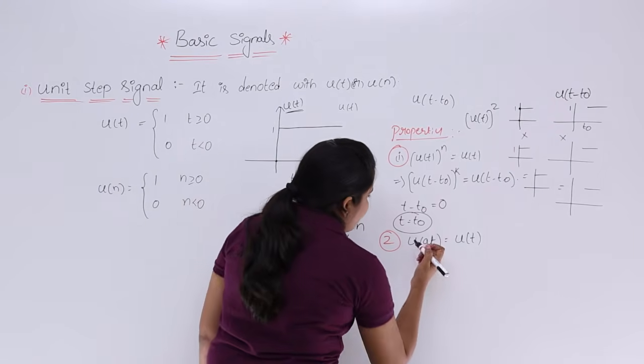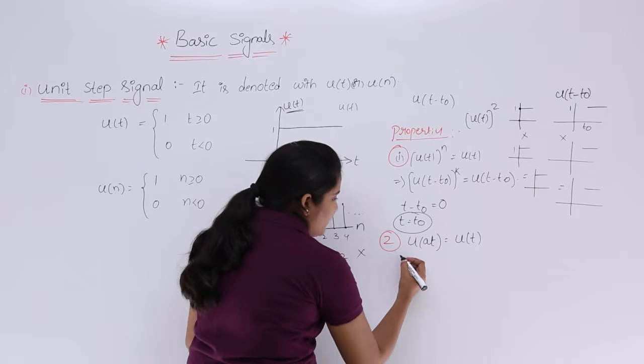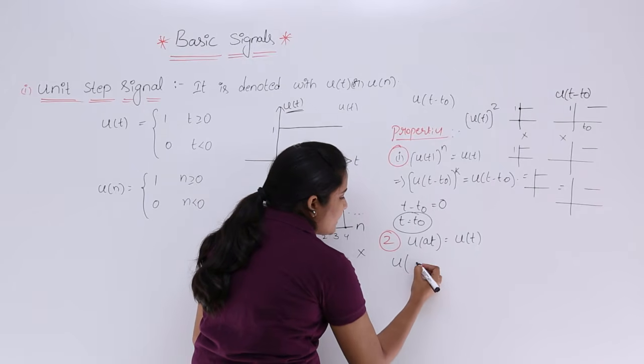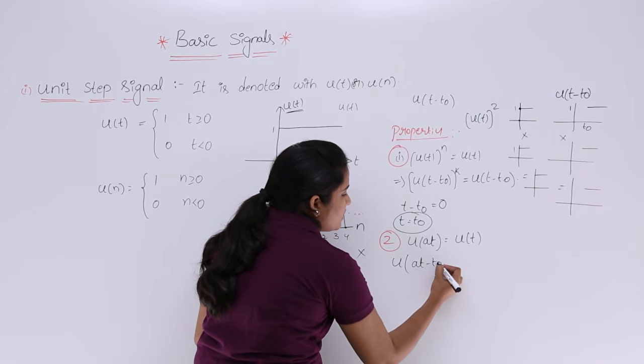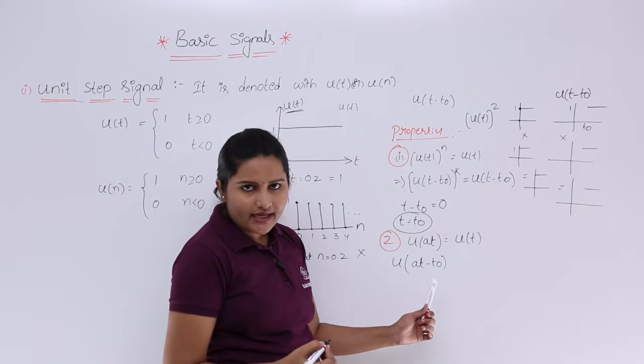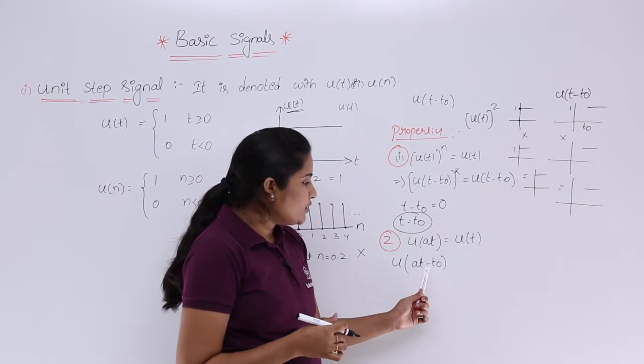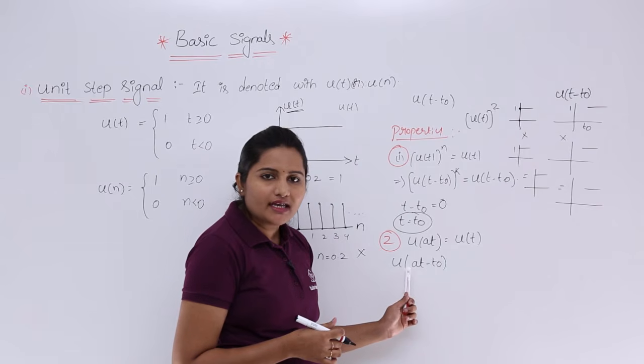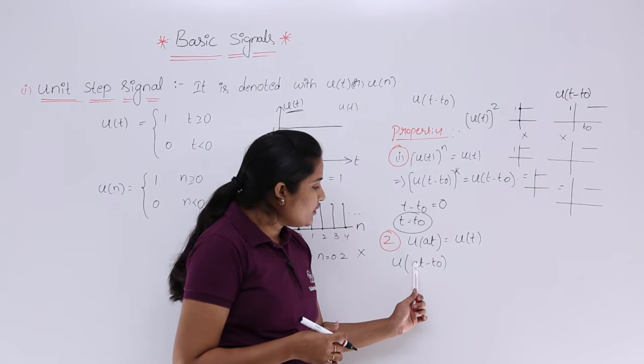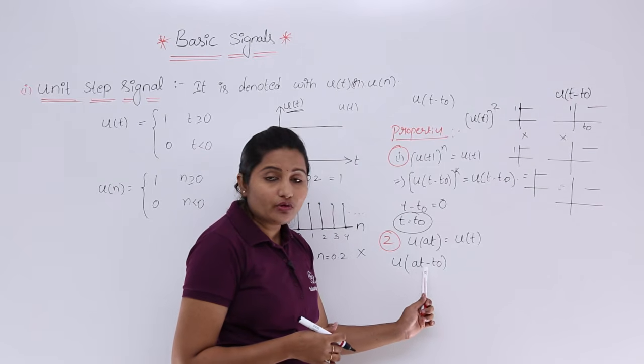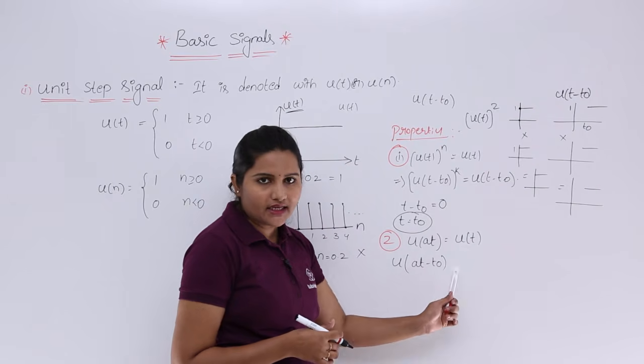So here u of at is equivalent to u of t means, for example, if you are having at minus t naught like this, then what will you do? You can't scale directly when you are having a scaling factor on time. When you are having a scaling factor on time, you can't do shifting as it is.